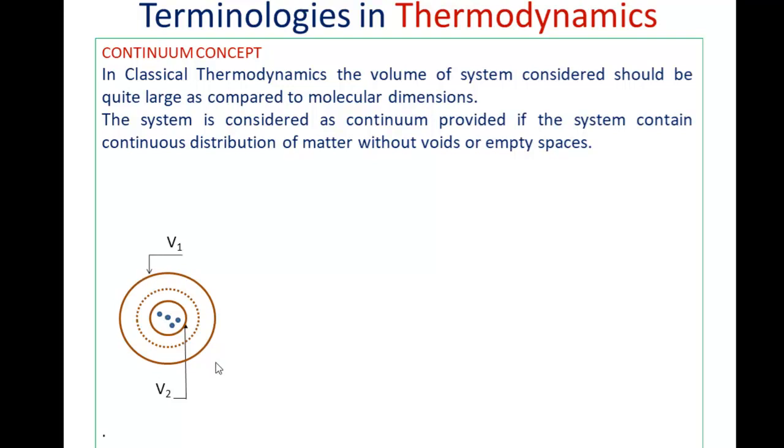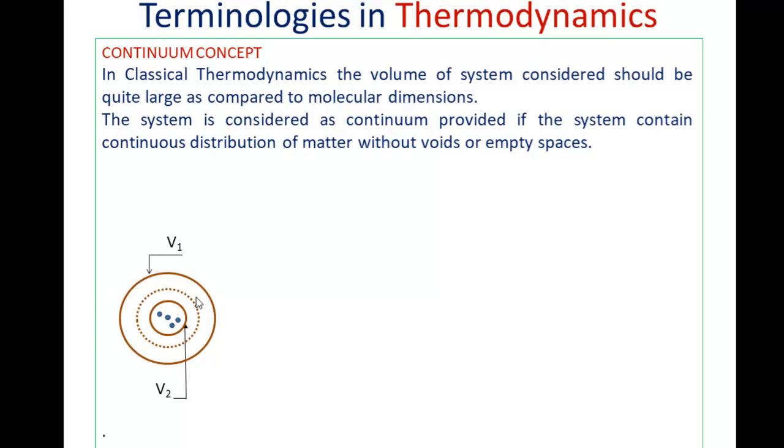It has volume V1, a larger volume with a very large number of molecules. Within this control volume, on an average, the number of molecules will not have much variation at any instant, and hence the density is going to be constant. So the density of the substance within this volume is given as rho equal to m by V1, where m is the mass of the substance and V1 is the volume of the system.